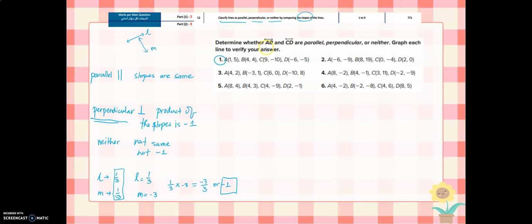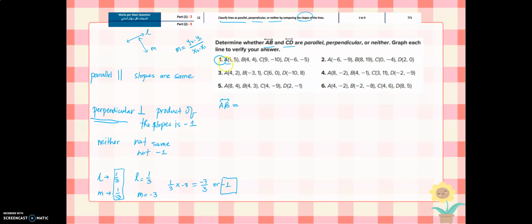Now let's look at example number 1. We are asked to determine if AB and CD are parallel, perpendicular, or neither. Let's find the slope of AB first. To solve for the slope, we can use the formula y2 minus y1 over x2 minus x1, or change in y over change in x, or simply rise over run.